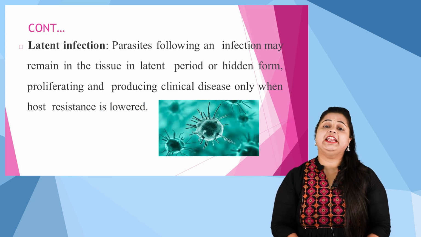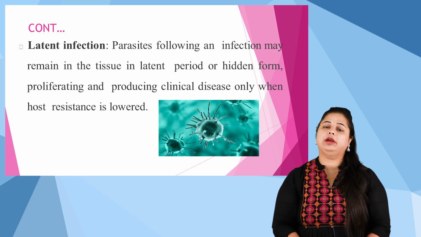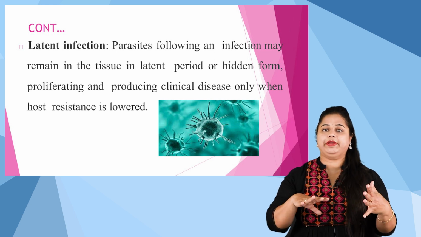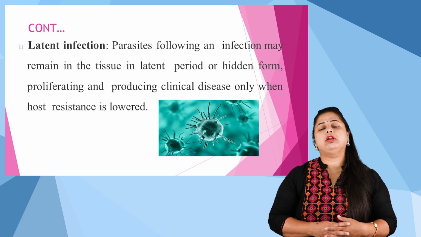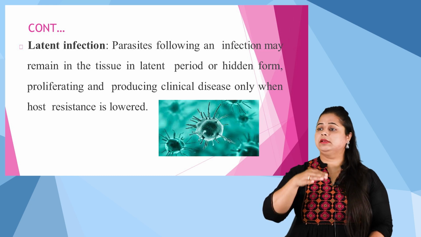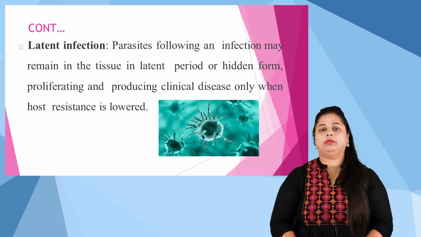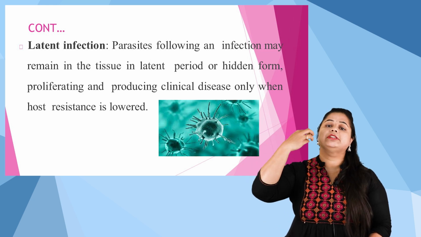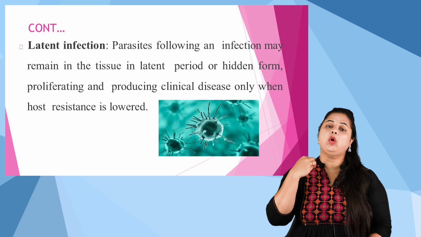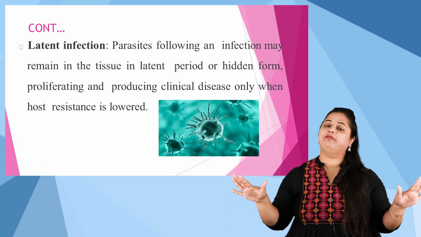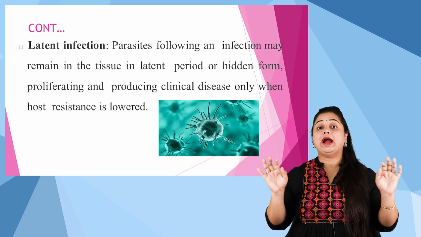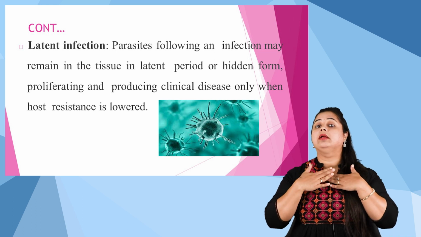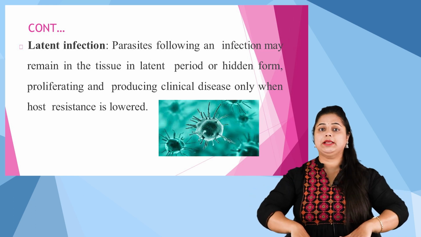Next is a latent infection. You would have heard about the latent phase, lag phase, log phase, everything. Now in the latent phase, what happens? It remains calm. That means the organism which is inside the human host will survive very nicely until the host immunity is low.